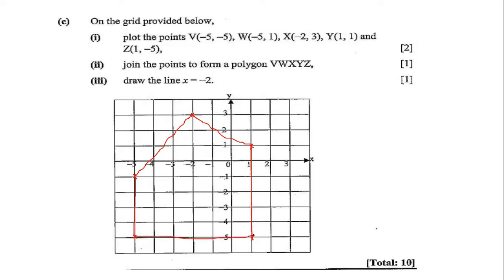And there we have our polygon. Then they are saying draw the line x equals -2. This is the line here, the one which is passing right through -2.